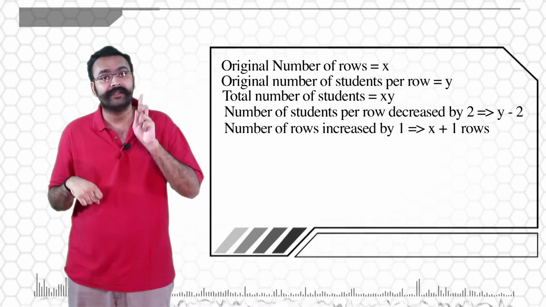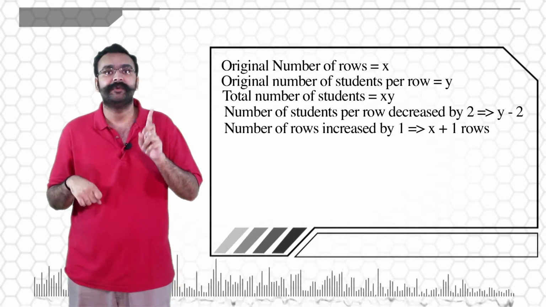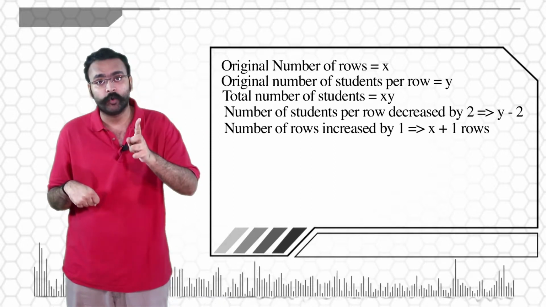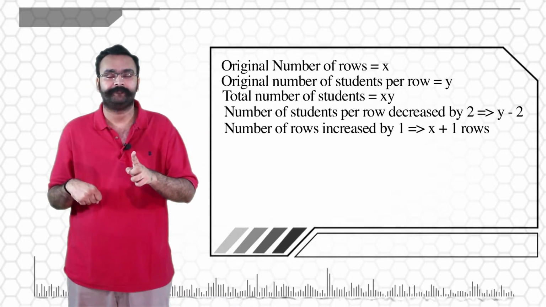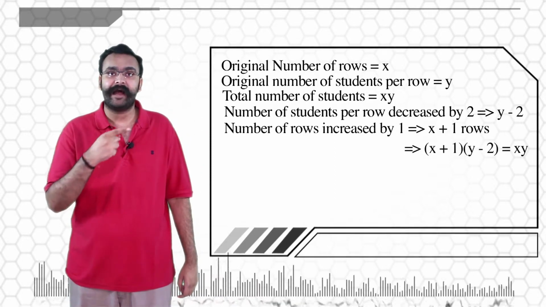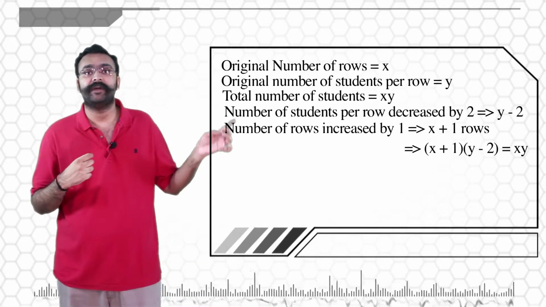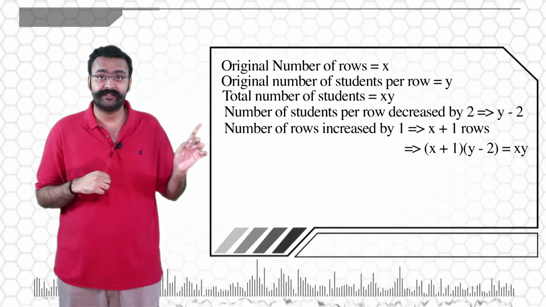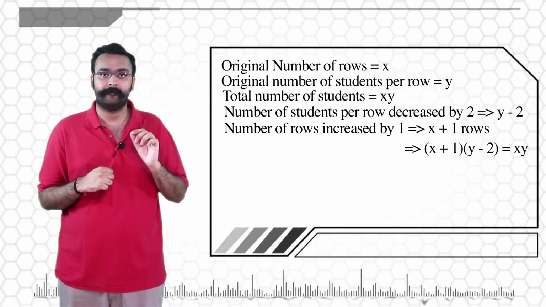However, the number of students has not changed, which means if I multiply my rows and columns, it will be equal to xy. And you see why we do that like this. So our equation turns into x plus 1 into y minus 2 is equal to xy.